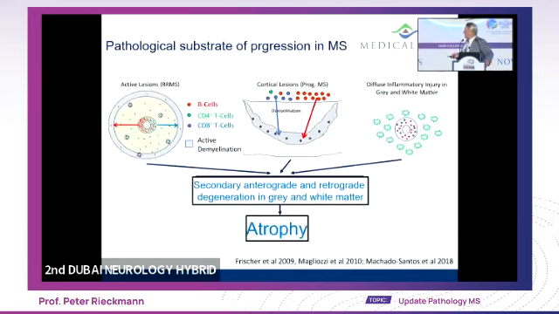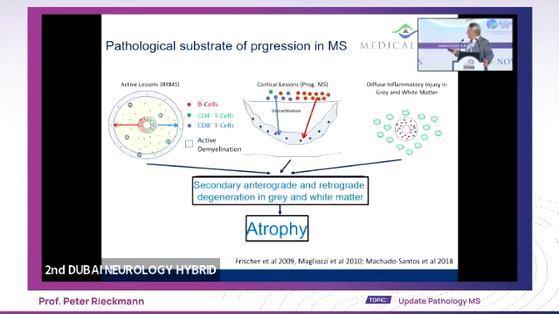And if we summarize now the aspects which are the pathological subsets of progression, it all comes back to the initial part which I described to you, the cortical lesion and the diffuse inflammatory gray and white matter. And you still see the majority of the cells controlling this process in the perivascular space are B cells.